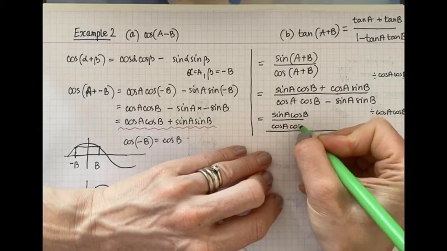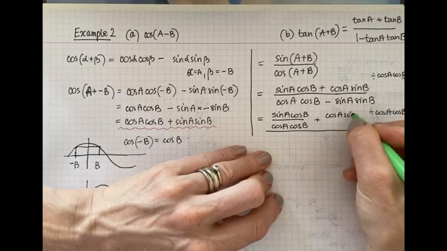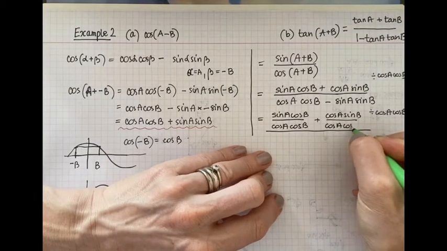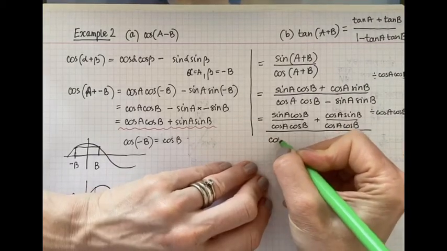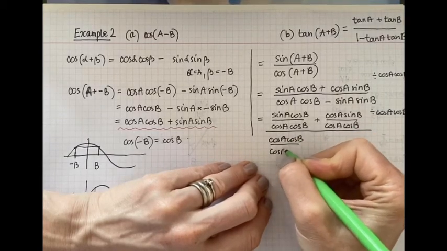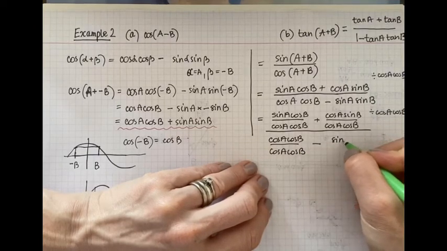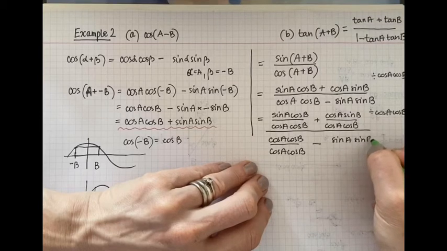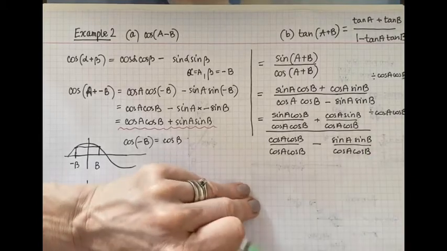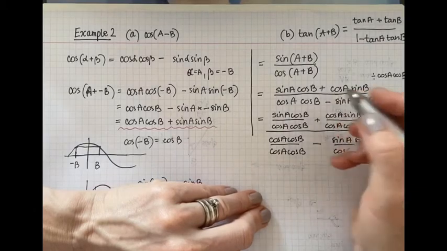Cos A cos B, plus here I've got cos A sine B over cos A cos B, and then you've got cos A cos B divided by cos A cos B minus sine A sine B divided by cos A cos B. So now I'm going to do the cancelling down. I like to do it in a different color and just be clear.